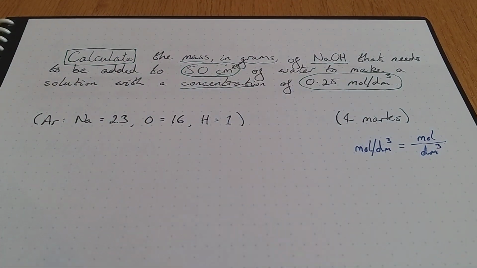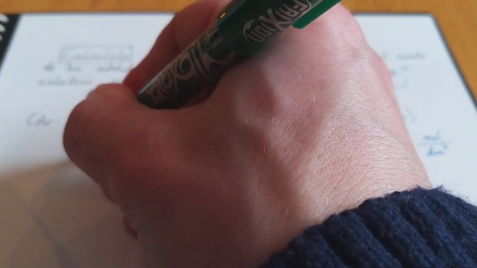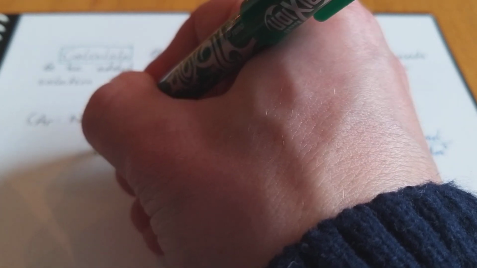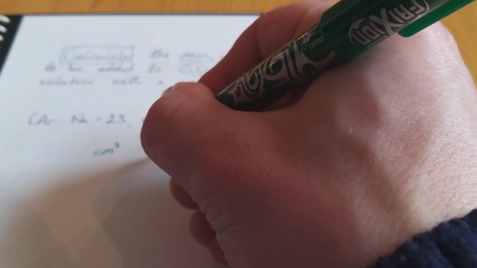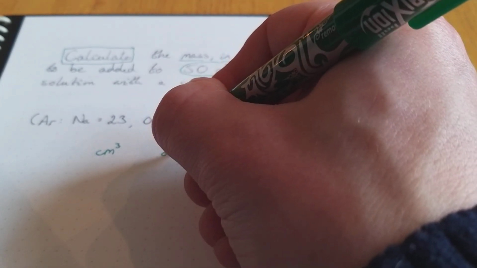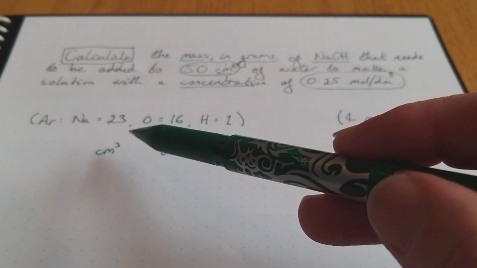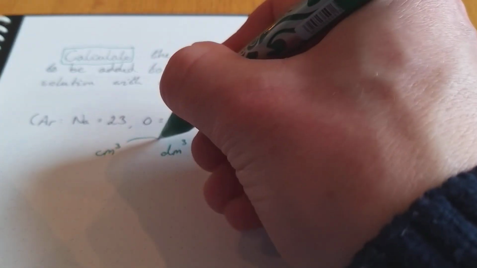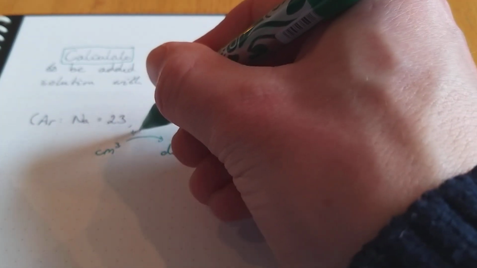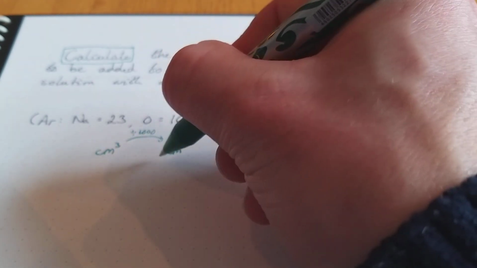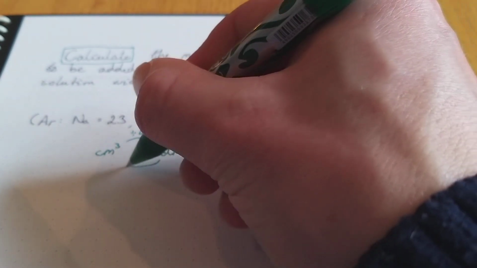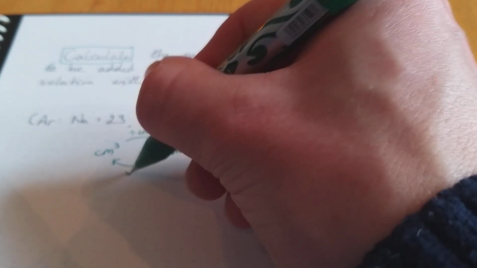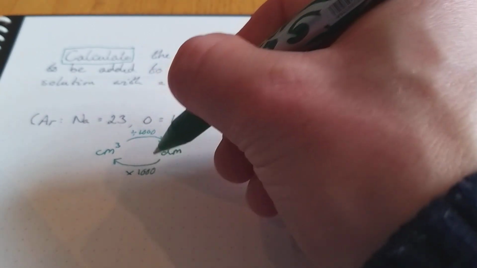So there are 1000 centimetres cubed in a decimeter cubed. So that means if we want to convert from centimetres to decimeters, we would need to divide by 1000. If we want to convert from decimeters into centimetres, we would need to times by 1000.